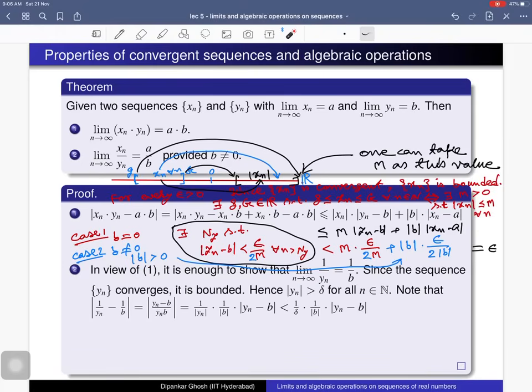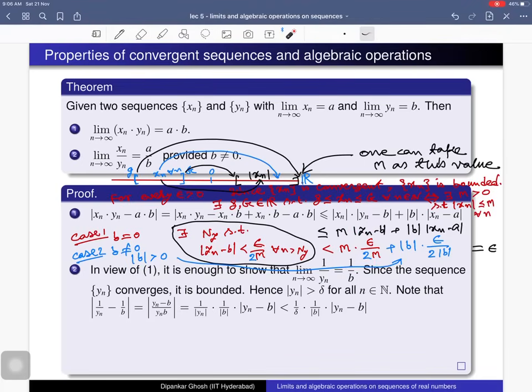We consider this particular positive real number. For it there should be some natural number such that for all natural numbers beyond that, this distance is less than that prescribed quantity, and therefore this whole quantity is less than m times this quantity, and all together it gives epsilon by 2.